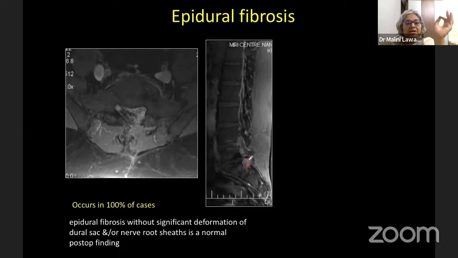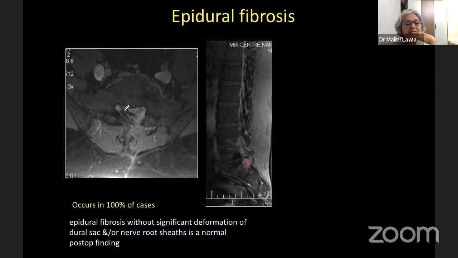So we need contrast to differentiate between epidural fibrosis and recurrent disc. But if this epidural fibrosis is not causing any significant deformity of the dural sac, or any nerve root compression or encasing it, or if the nerve sheath is not effaced, then it can just be normal. I mean, it can be a post-operative finding which may not be causing anything.